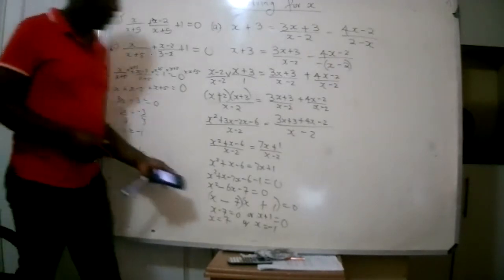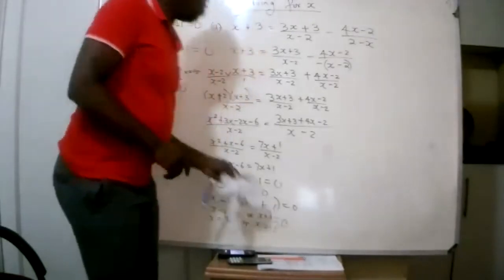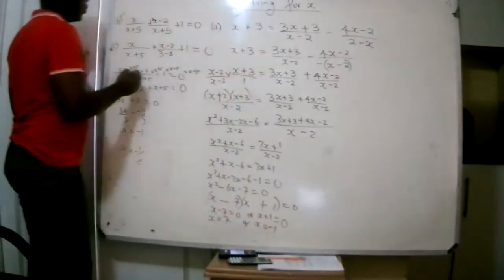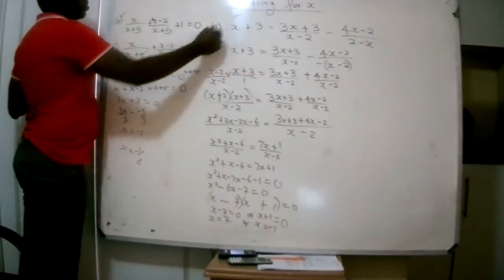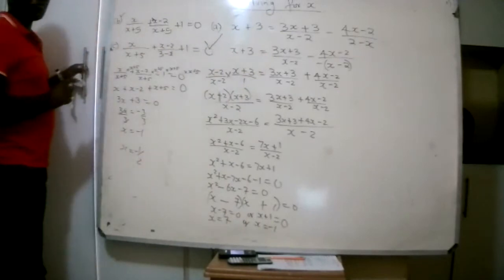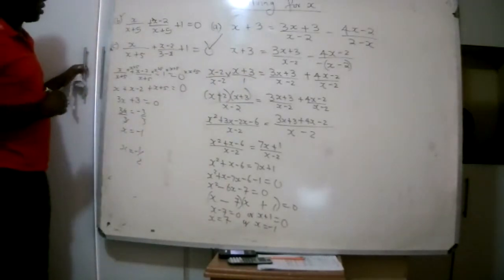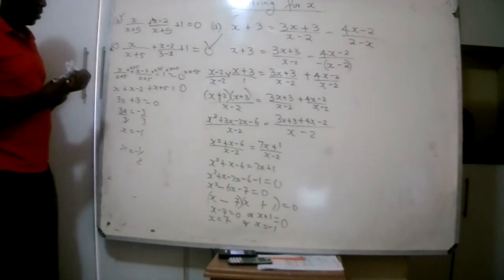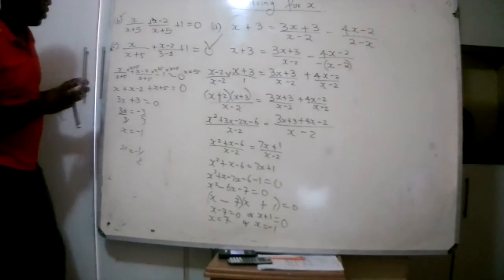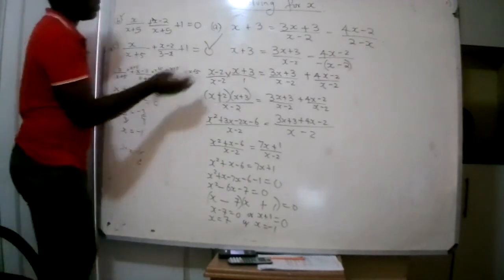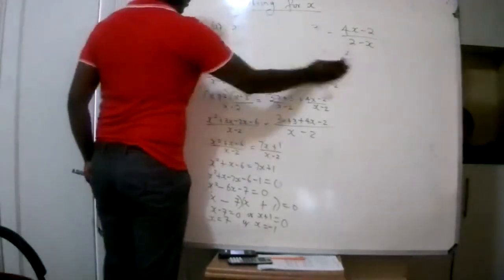Second question. I will be interested to see what you get on this question. So can you try it first before I do it on the board? Question number C. Please rewrite it again.